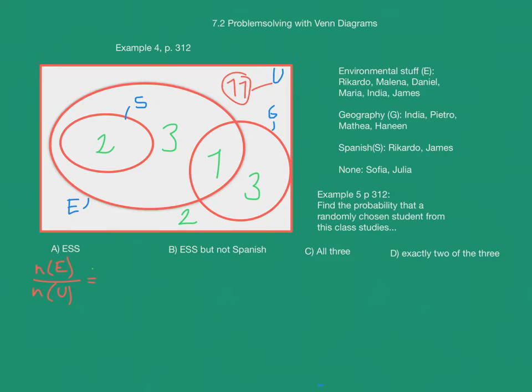And the ESS students, that's 6 students, 1, 2, 3, 4, 5, 6 divided by 11. So we can write this as the probability of someone studying E. So probability of E equals number of students studying ESS divided by the total number of students, like this.